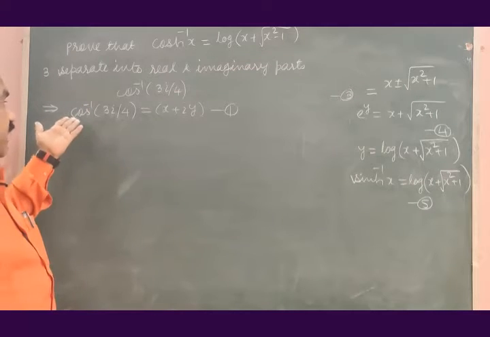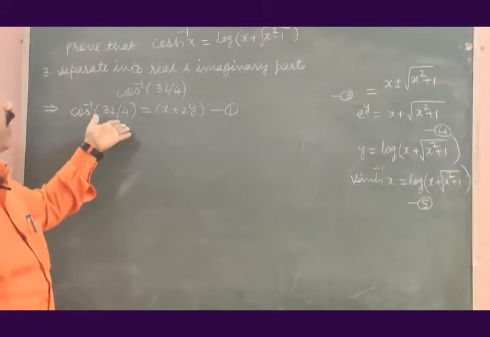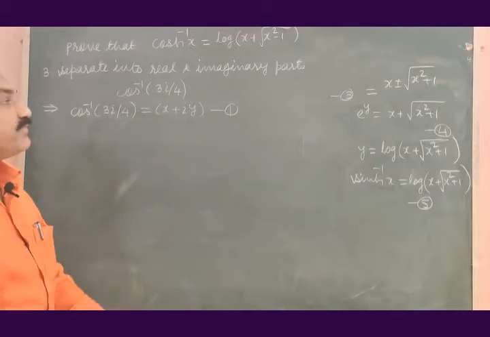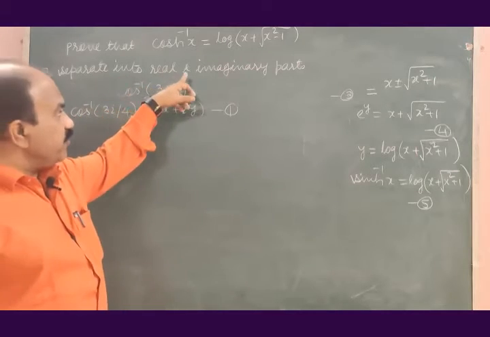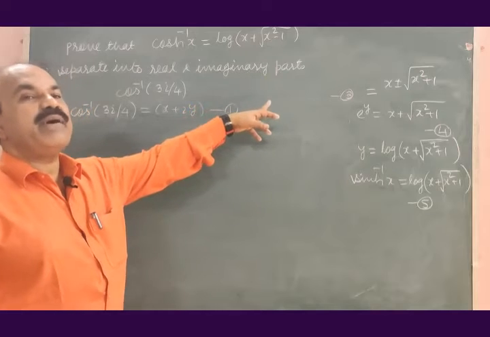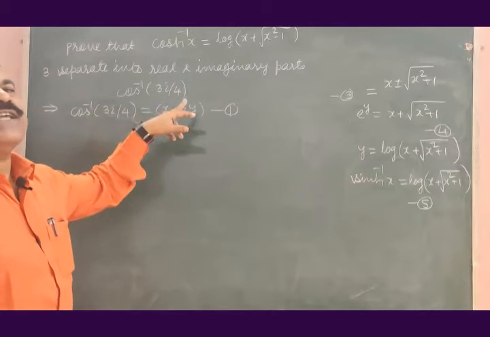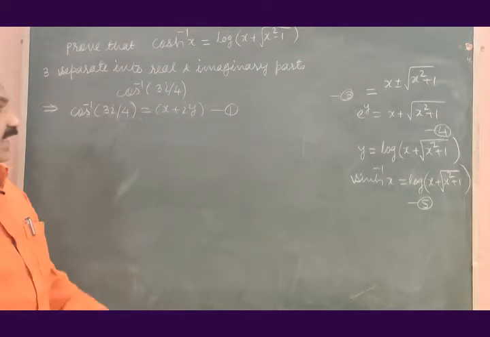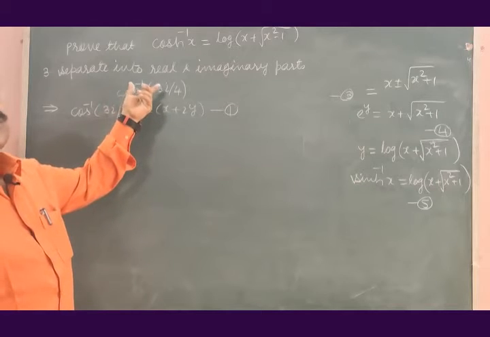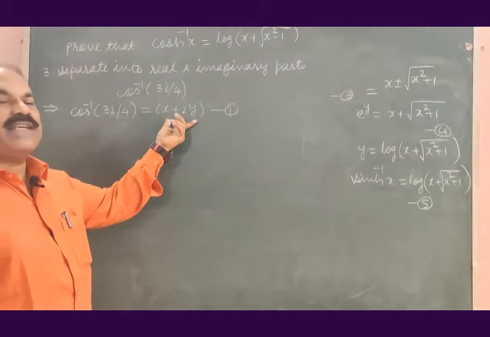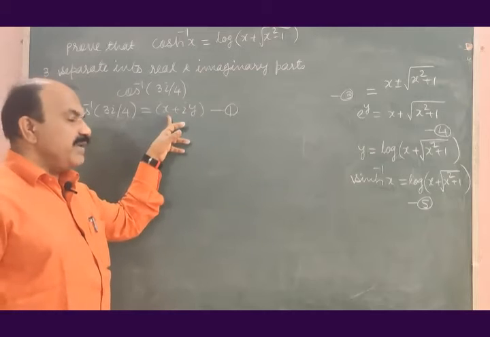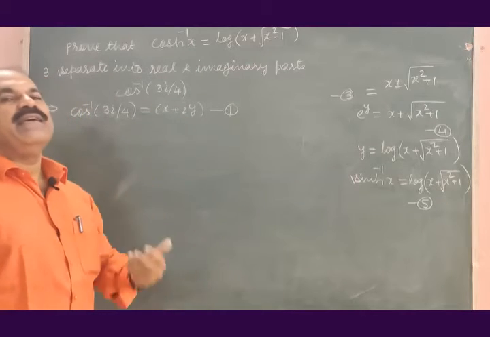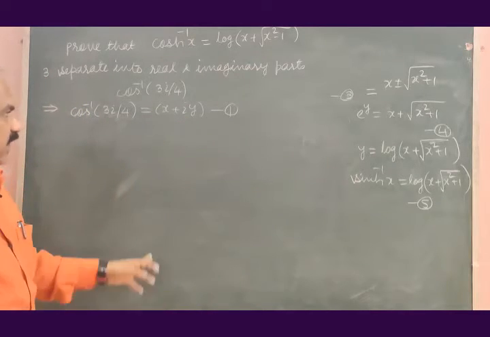Now why take cos inverse of 3i by 4 as x plus iy? Because we are asked to separate into real and imaginary parts, therefore I need to consider cos inverse 3i by 4 as x plus iy. x will be the real part, y will be the imaginary part.